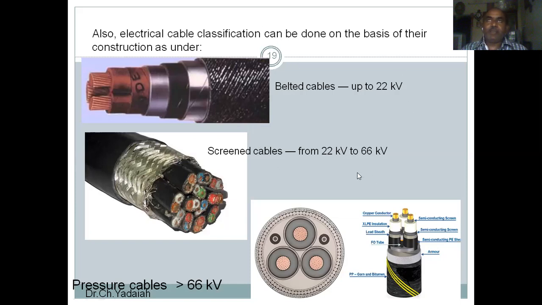These are the three types of cable classification based on construction: the belted cable, used up to 20 kV; the screened cable, used from 20 kV to 66 kV; and the pressure cable, used for more than 66 kV. You can see the different types of cables generally used in our electrical field.